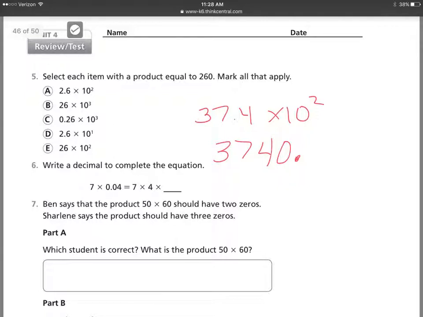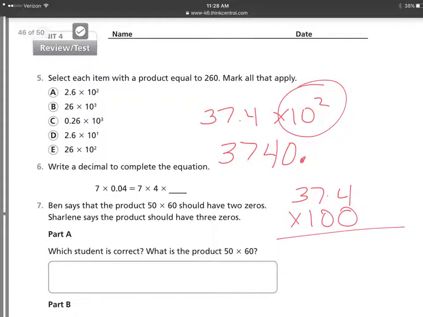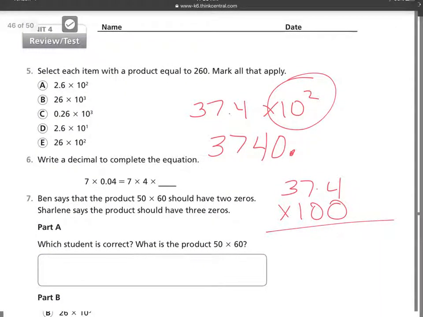You could do it simply by moving the decimal in the right direction, which would be right, or you could rewrite this problem as 37 and 4/10 times whatever 10 to the second power is, which is 100. And at this point, you're just going to be multiplying your whole numbers times 1, and that would lead you to 374, these numbers times 1.